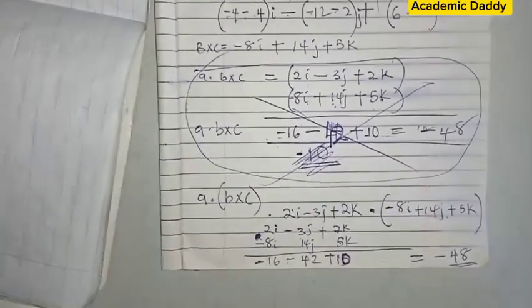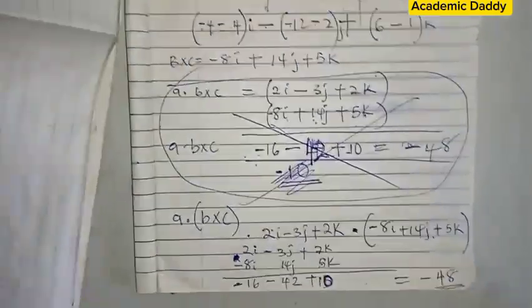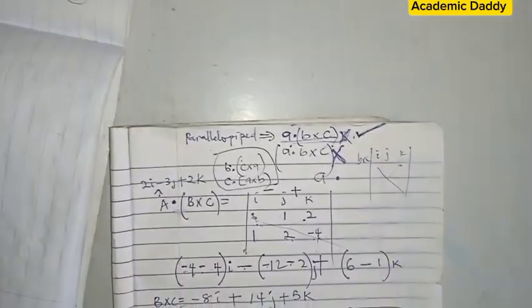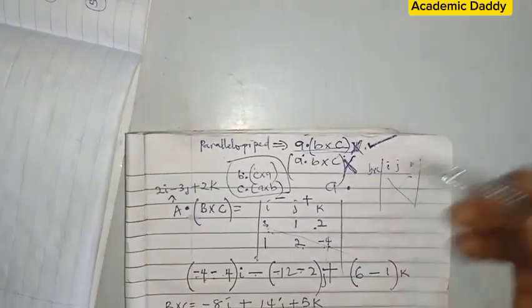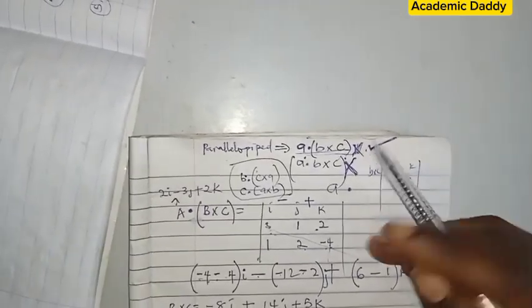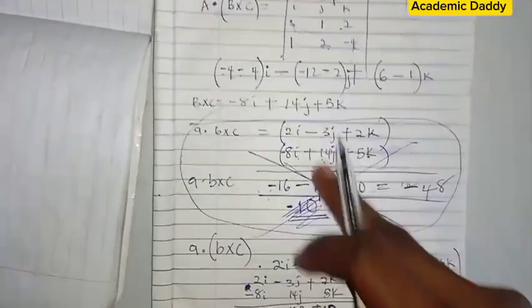So we are correct. That is how to calculate the volume of a parallelepiped. Whichever one you use, once you solve well, you'll be correct. So the problem we had was this.